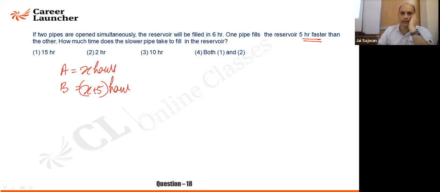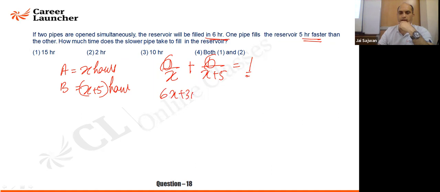When they open simultaneously, the reservoir is filled in 6 hours. So can I say in 1 hour, 1 by x is filled, and 1 upon x plus 5 is filled in 1 hour. For 6 hours, I'll multiply these values by 6, which comes out to be 1. Fine. So it is 6x plus 30 plus 6x equal to x square plus 5x.